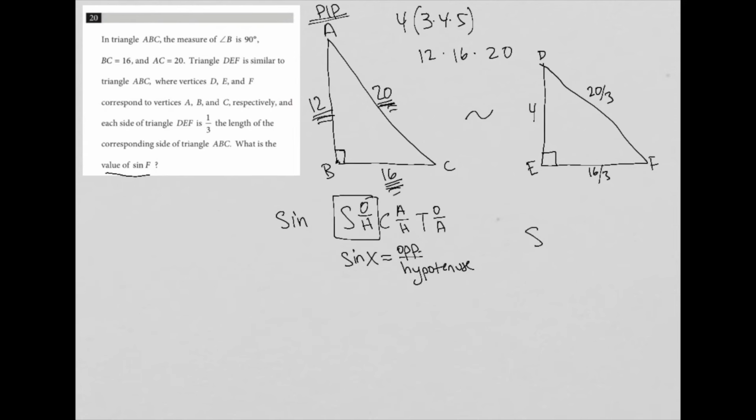So if we're trying to find the sine of F, and I look here to angle F, then the opposite side of angle F is equal to 4, divided by the hypotenuse in this right triangle, which is 20/3.